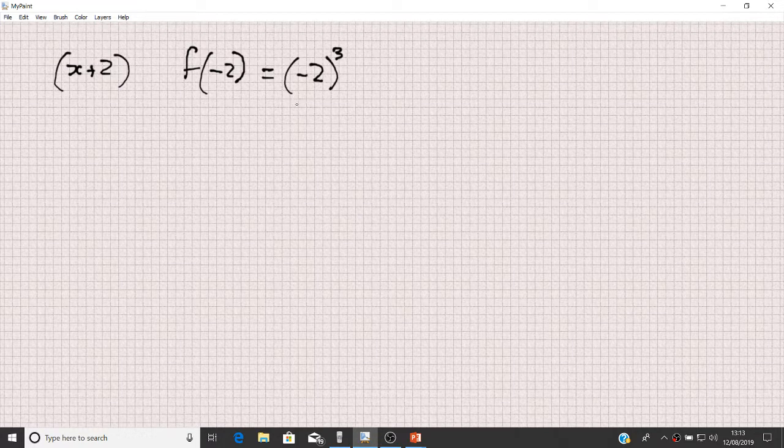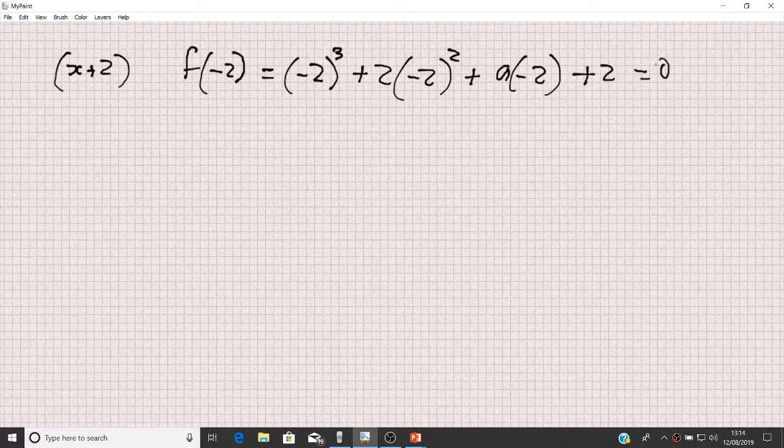Now we're told x plus 2 is a factor, which means if we do f of negative 2 into the function, we have x cubed plus 2x squared plus a times x, a times negative 2 plus 2, that must equal 0.